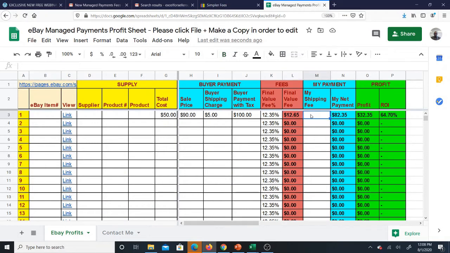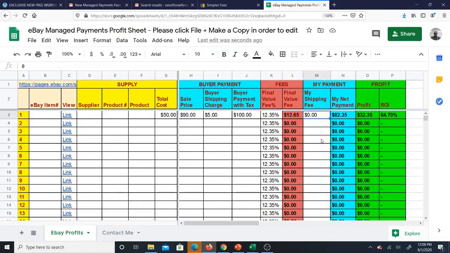Then the question is whether or not you have a shipping fee. If I leave this blank, let's say there's no shipping charge for me, well then this would be my net payment, because the net payment is what you charge the buyer, which is the sale price plus the buyer shipping charge. That's $95, and then you subtract the fee that they're taking out immediately, and you'd be left with $82.35.